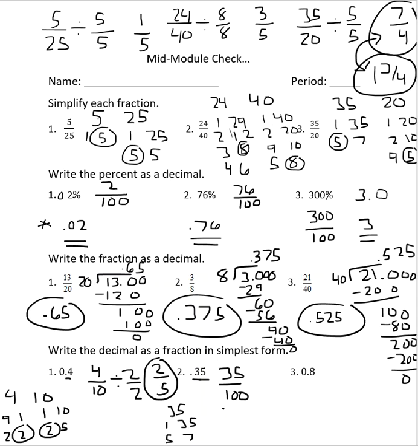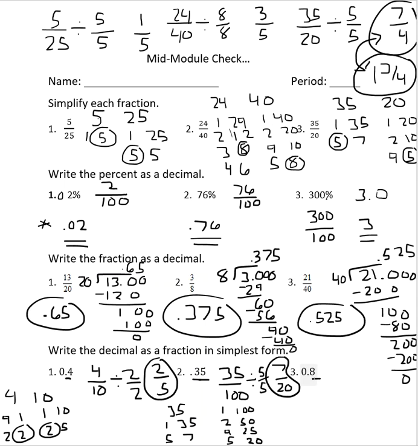And then the factors of 100, let's see, 1 and 100, 2 and 50, 4 and 25, and then 5 and 20. So now we divide both the top and bottom by 5. Now, if a number ends in a 5 or 0, you can always divide that number by a 5. Okay, so 35 divided by 5 is 7. 100 divided by 5 is 20. 7/20.